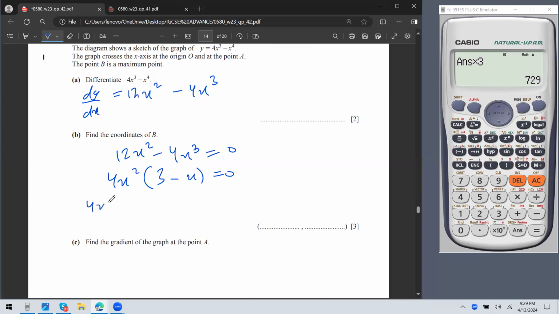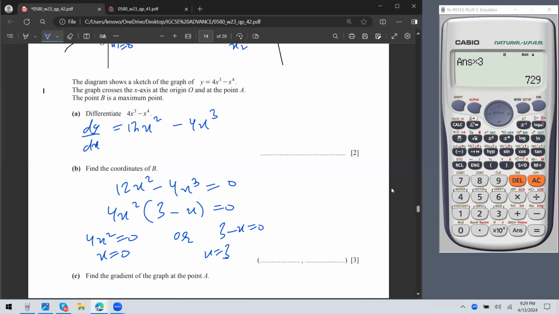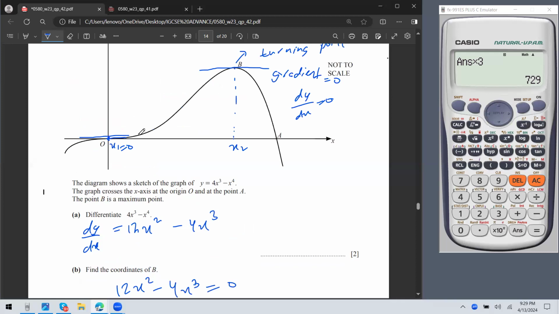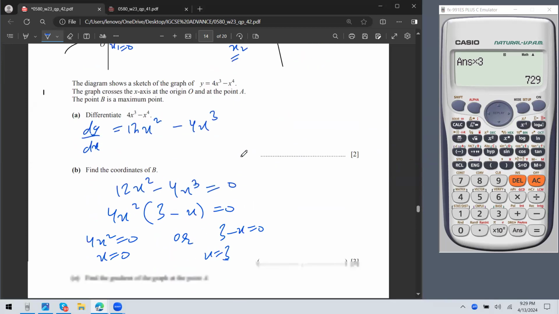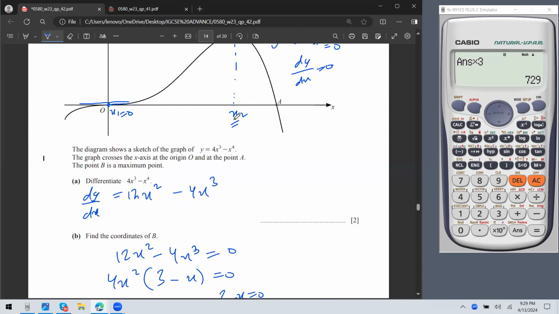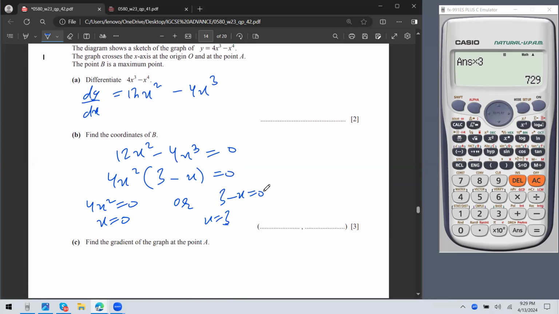So either 4x square is equal to 0, or 3 minus x is equal to 0. x is equal to 0, or x is equal to 3. So we already know x is equal to 0 belongs to which point? Belongs to this point. So that means x2, which belongs to B, is 3. Okay. So x coordinate is 3.